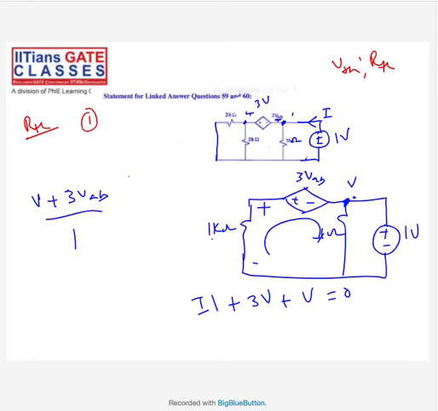So all are adding. Here is the leaving current: V plus 3 VAB by 1 plus V by 1 plus V by 1. Again, a voltage source between this.